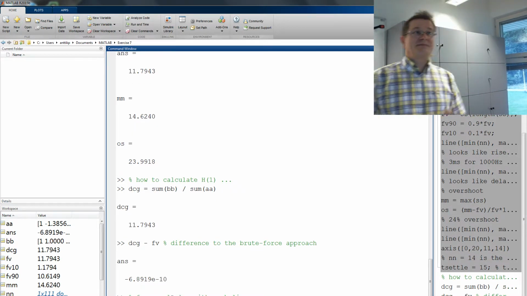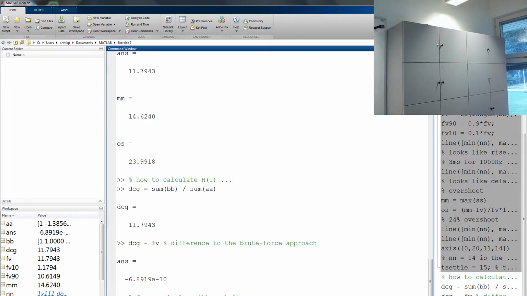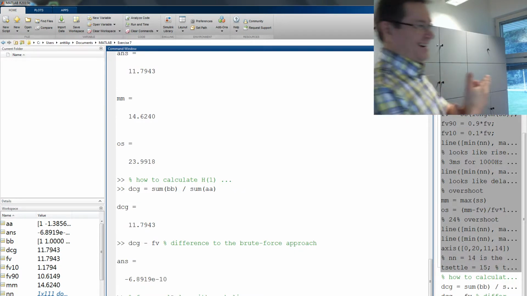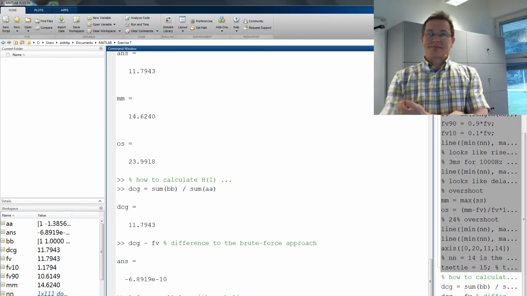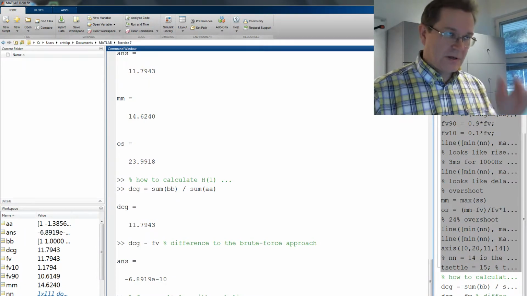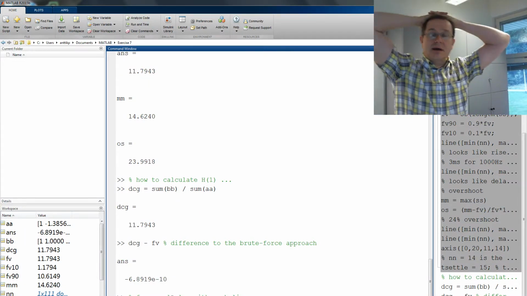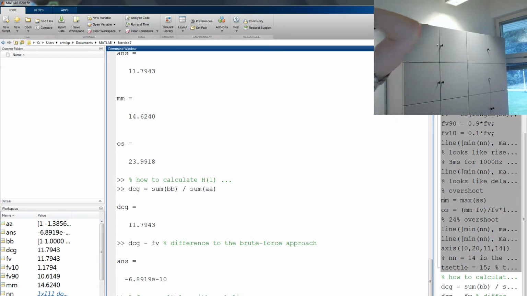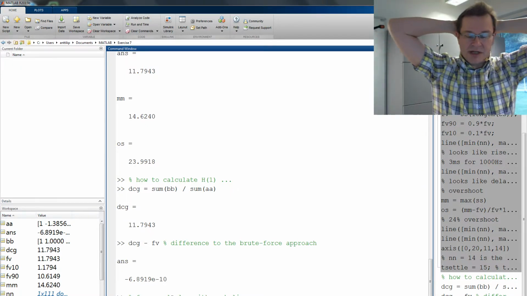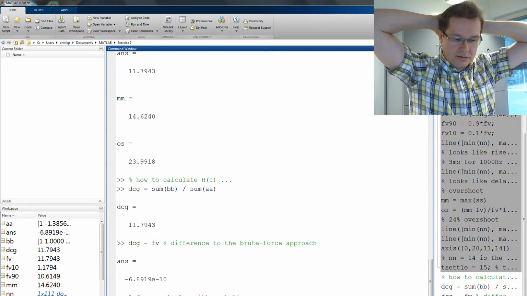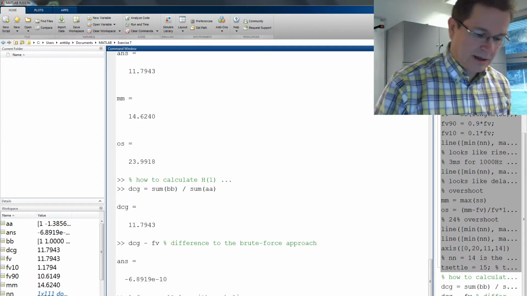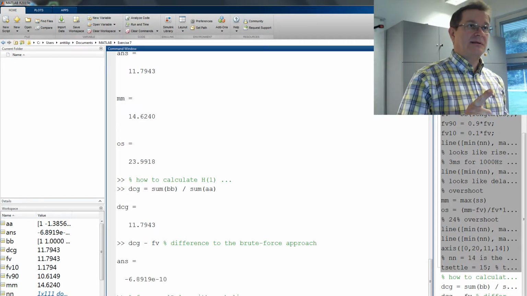Okay, first let's make this a system object, or transfer function object, and in MATLAB there's a command tf.